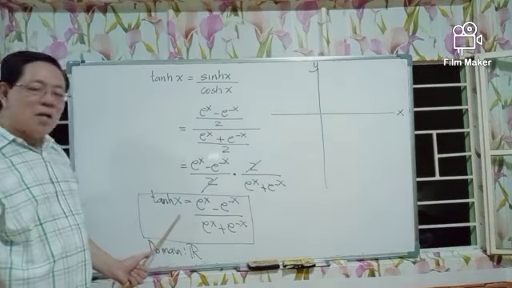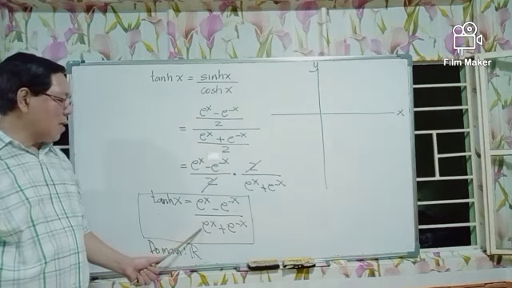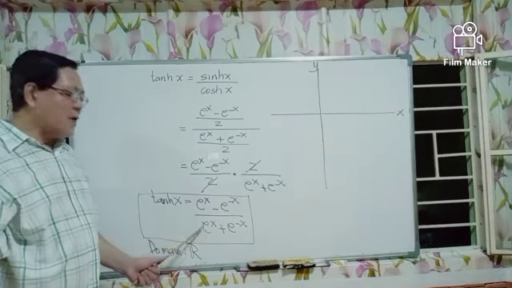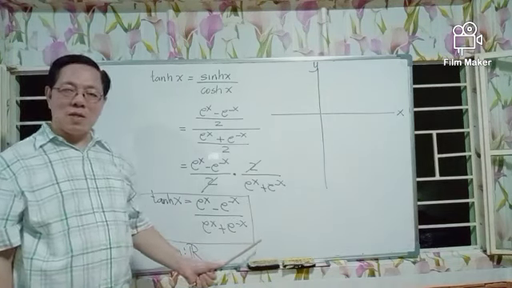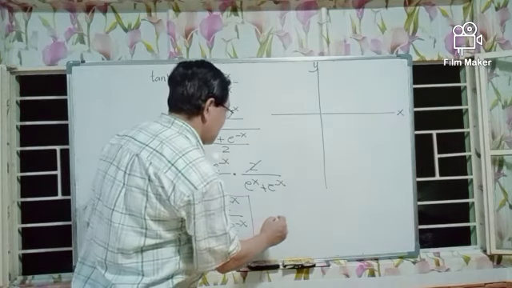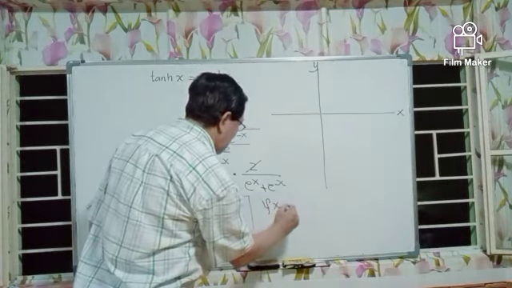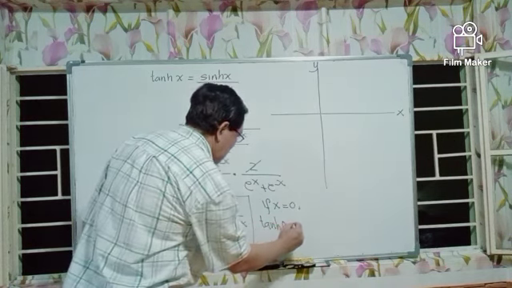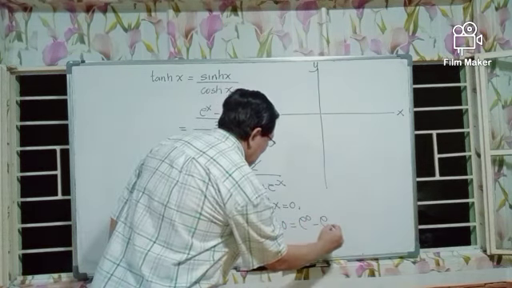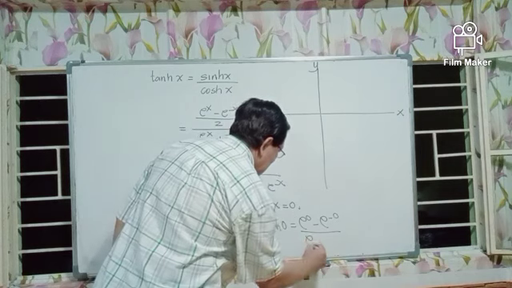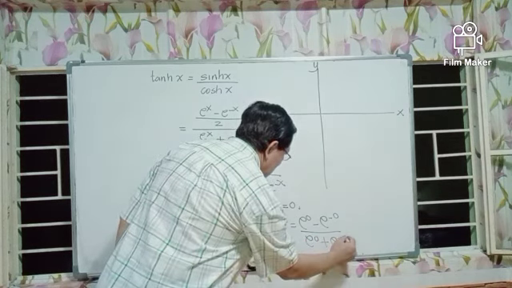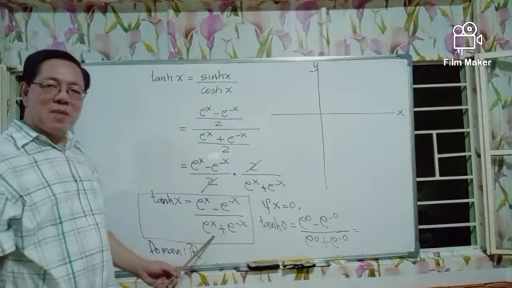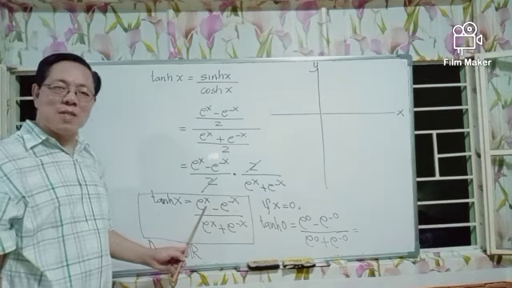Or you may find the value of hyperbolic tangent of 0 from here, and it's equal to e raised to 0 minus e to the minus 0 all over e raised to 0 plus e to the minus 0. And we find the hyperbolic tangent of 0 from this expression by replacing every x with 0.